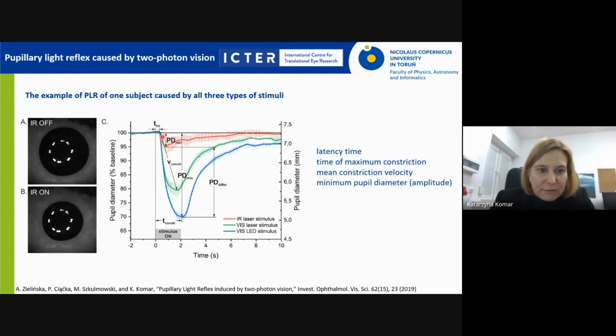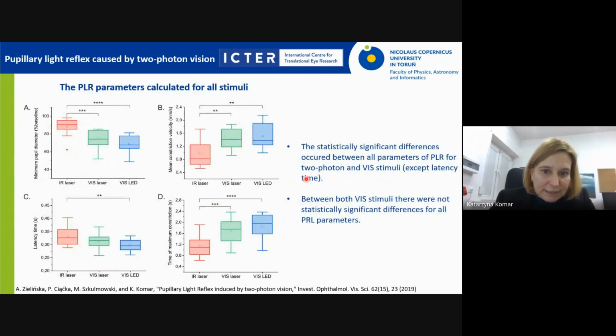And also we focused on several parameters that could characterize this reaction, like latency time, time of maximal constriction, mean constriction velocity, minimum pupil diameter, and so on. And we found that almost all of these parameters were significantly different for 2-photon stimuli and 1-photon stimuli, and the only one which was not different was latency time.